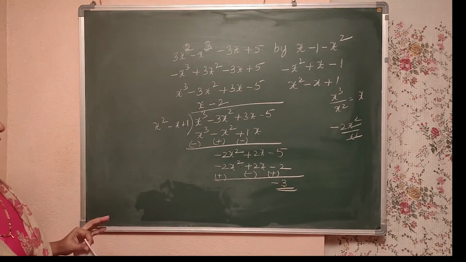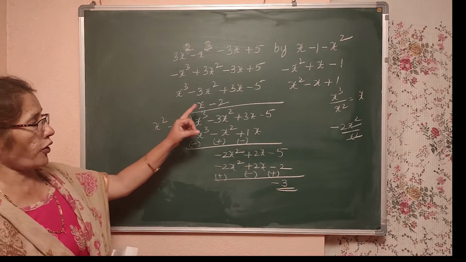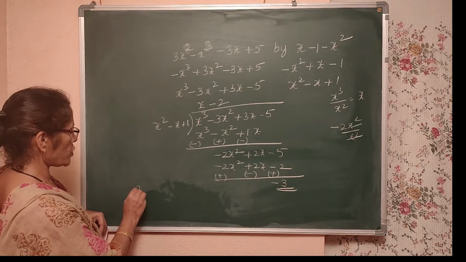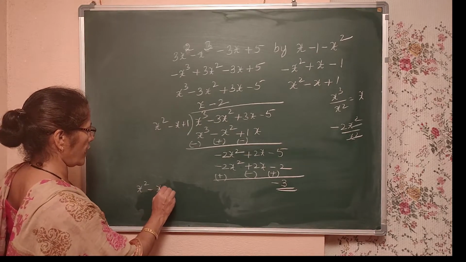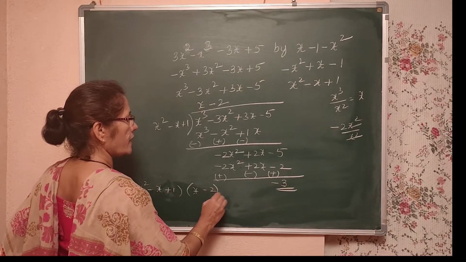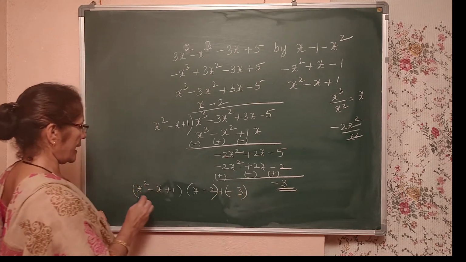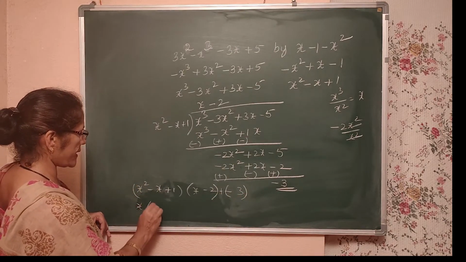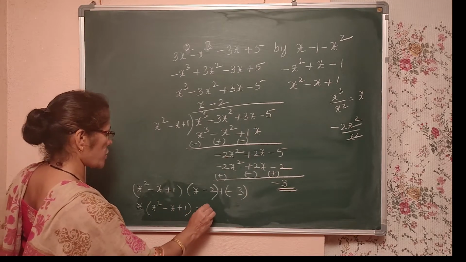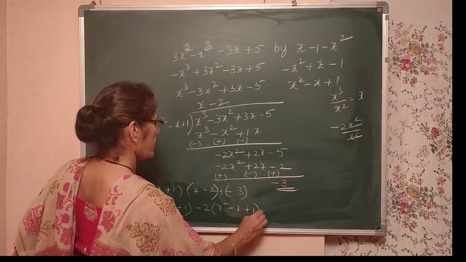Now in order to verify, I have to verify g of x into q of x plus r of x. So (x square minus x plus 1) into (x minus 2) plus (minus 3). Let us see, x into (x square minus x plus 1) minus 2 into (x square minus x plus 1) minus 3.